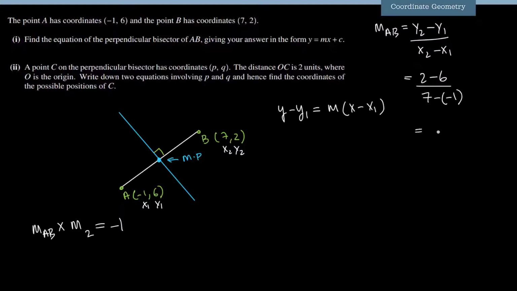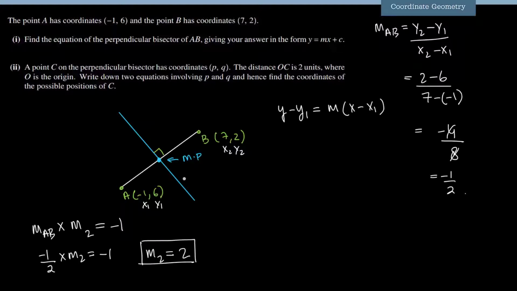This would be equal to -4 upon 7 plus 1 is 8, which is equal to -1 upon 2. So the gradient of line AB is -1 upon 2. And solving this for m2 would give me the gradient of the perpendicular bisector as +2. So the gradient of this line is +2.